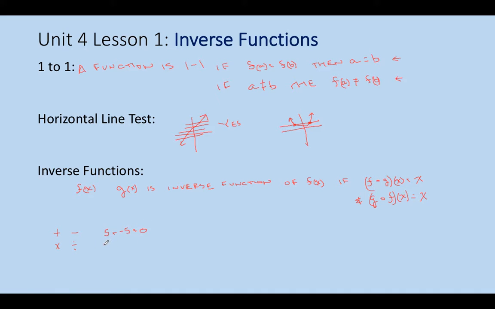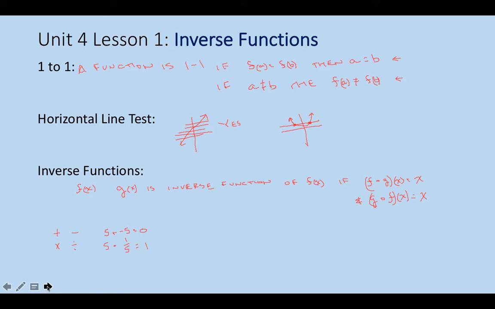And 5 times 1 over 5, the multiplicative inverse, gets you back to the identity. Well, for a function, this is the case. This is the opposite or the inverse. If I take f of g of x, and that boils down to x, and I can take g of f of x, and it also equals x, then these are inverses of each other. g of x is the inverse function of f of x.